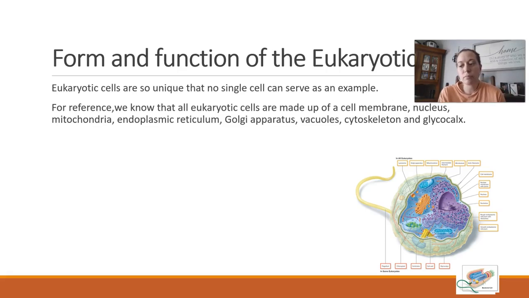They are larger and more complex than prokaryotic cells, and they're so unique that no single cell can serve as an example. Again, just reiterating and going back over this, they've got a cell membrane, a nucleus, mitochondria, an endoplasmic reticulum, the Golgi apparatus, the vacuoles, the cytoskeleton, and the glycocalyx.